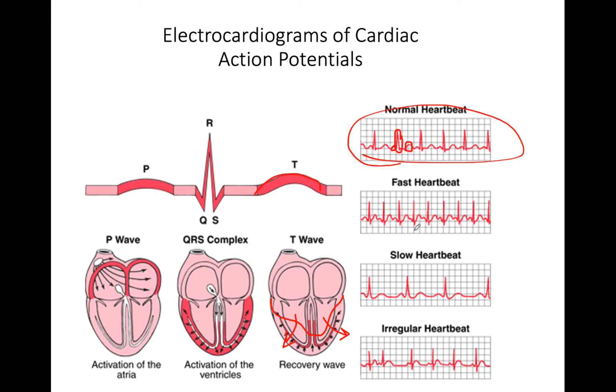A fast heart rhythm: what do you see as the biggest differences between the normal heartbeat and the fast heartbeat? The QRS looks pretty similar, but what I'm seeing is that the spacing between the T wave and the next P wave in between rhythms has dramatically shortened. And the same with the slow heartbeat: the distance between the T wave and the P wave has dramatically increased.